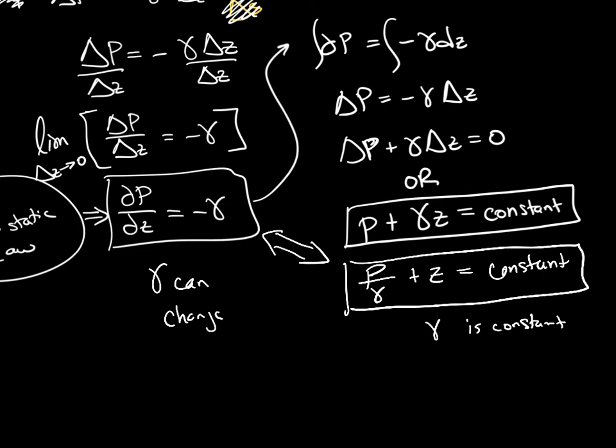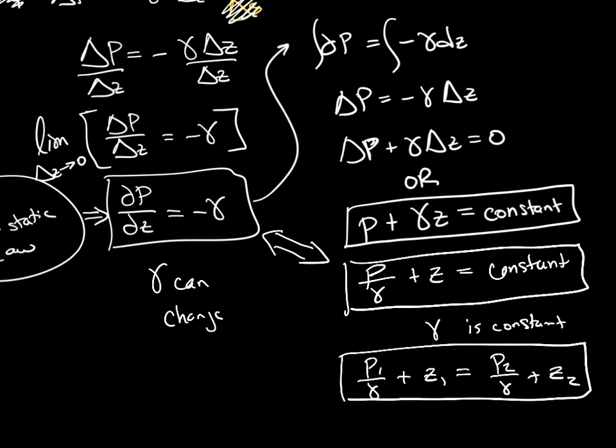And the last way that we do this is I'll pick 2 points in my fluid, in a hydrostatic fluid, and I'll say pressure at point 1 over gamma plus the elevation at point 1 equals pressure at point 2 over gamma plus the elevation at point 2. This is probably the most useful form of this equation.